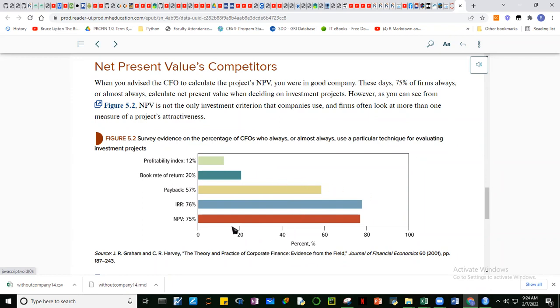But it's surprising that 76% chose IRR, 75% NPV. There are advantages and disadvantages of using either of the two, but the others are the profitability index, the payback period, and the rate of return. The payback period comes in next at 57%.